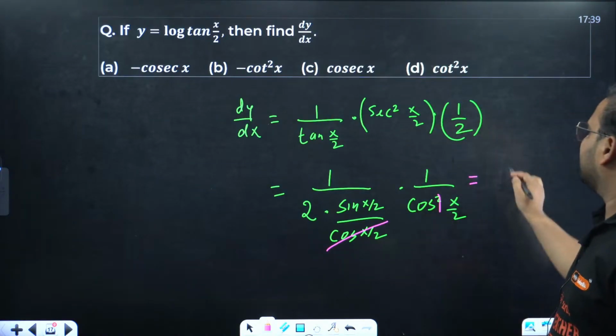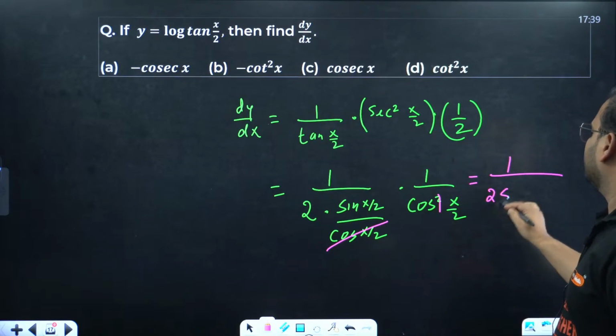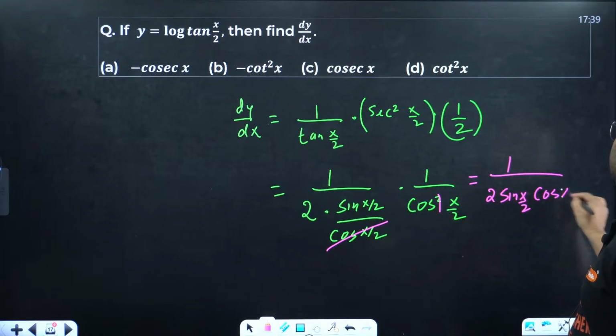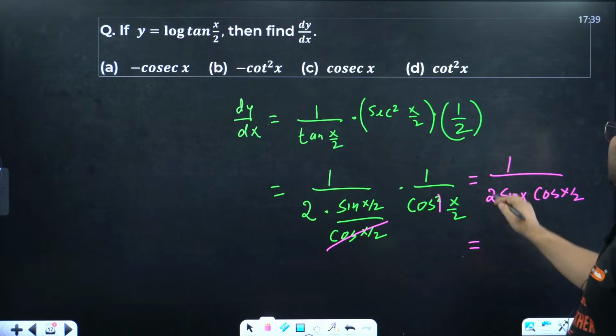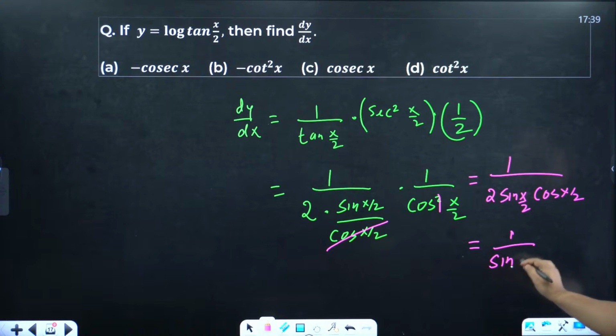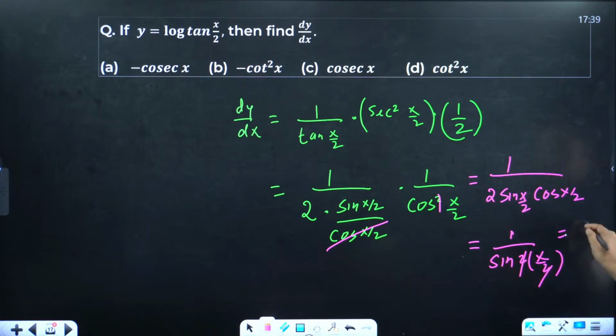So I get the answer as 1 by 2 sine x by 2 into cos x by 2. This becomes 1 by 2 sine something into cos of the same angle, which becomes 1 by sine twice of the angle. This cancels. 1 by sine x.